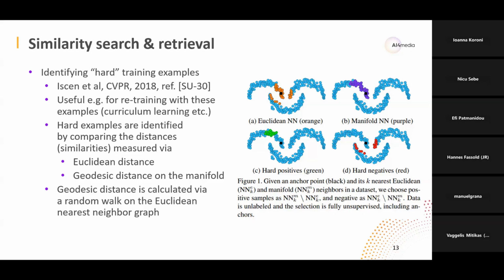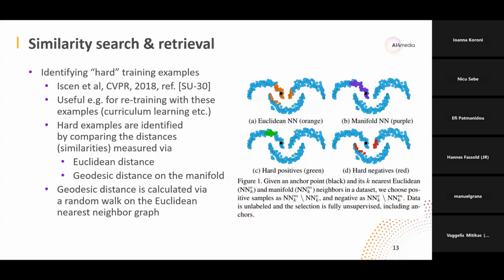And the hard negatives in red are the opposite. These are the points which are neighbors with the Euclidean distance, but not with the manifold distance.